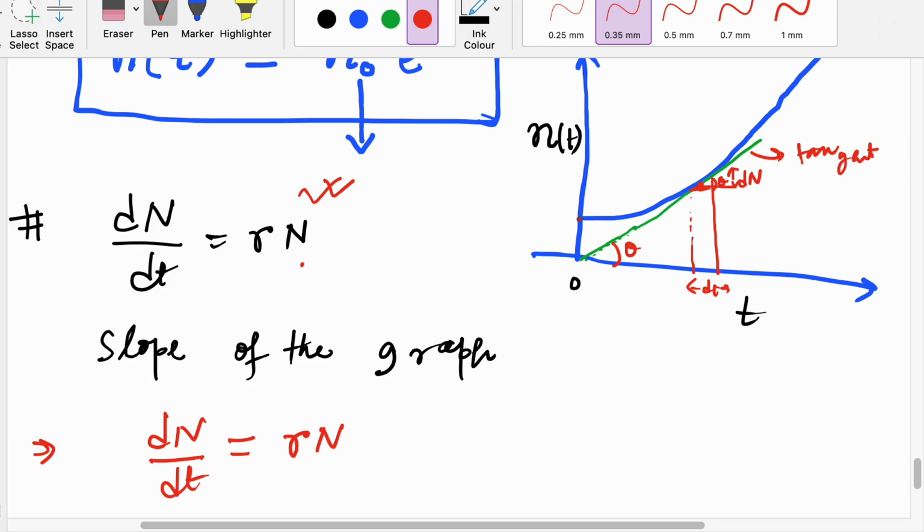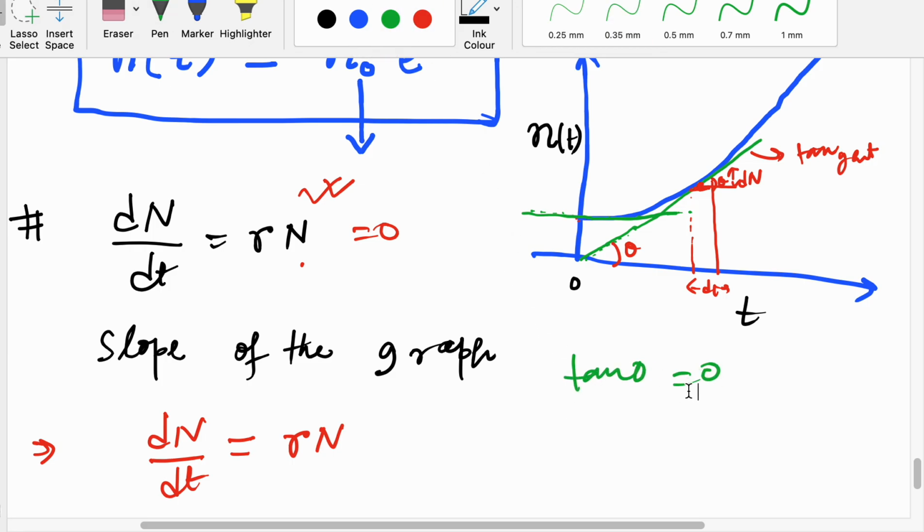When N equals 0, what will dN/dt be? dN/dt should be 0. So at N equal to 0, if you draw a tangent here, you see this tangent is parallel to the t axis. If it is parallel, what angle does it make? It makes an angle of 0 degrees. And tan 0 degrees means 0.